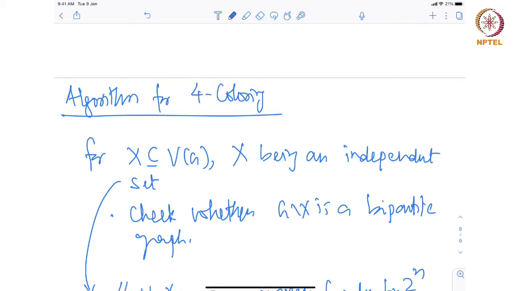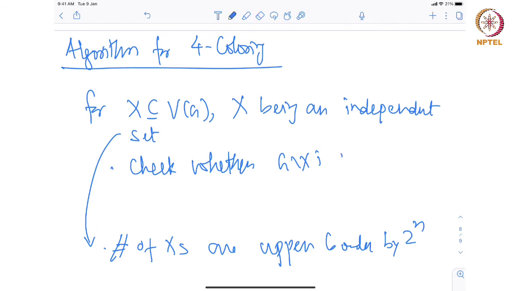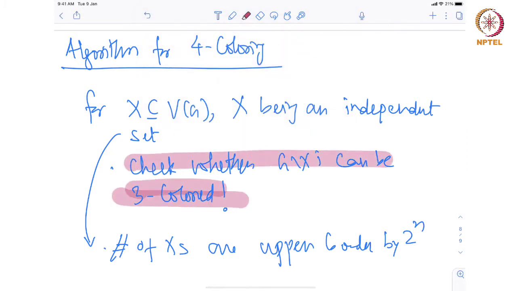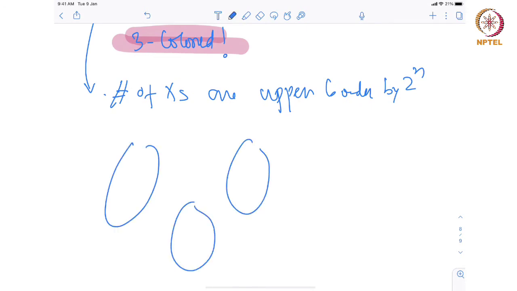X being an independent set, check whether G minus X can be 3 colored. So now we made changes here. So what is an algorithm for 4 coloring?